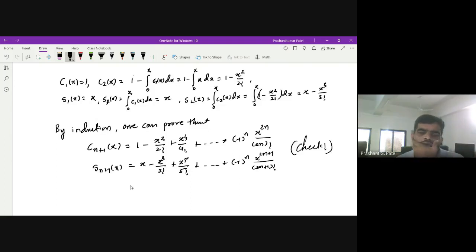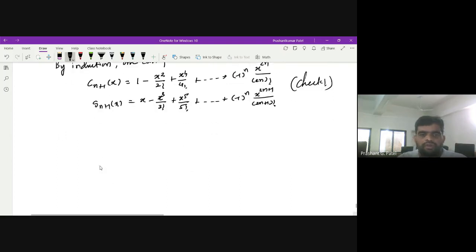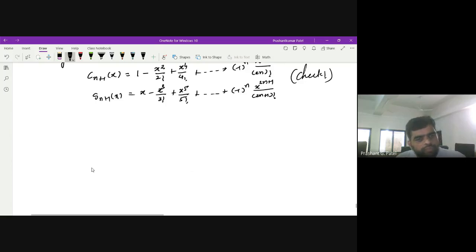Now, our objective is to prove that Cn and Sn are uniformly convergent sequences, and that they converge to the functions C and S. That is our objective. For that, as we did for the exponential function, we are using the same concept.